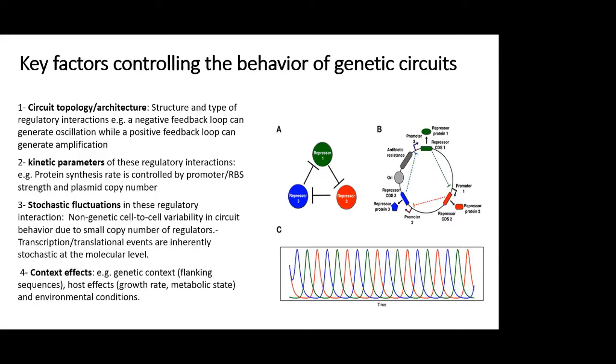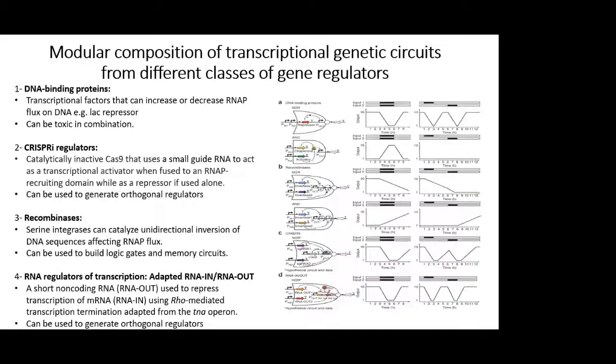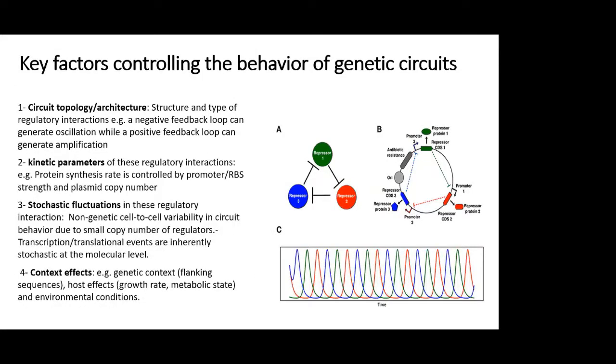In the cell, for example, negative feedback loops are usually used to generate oscillation, and positive feedback loops are also available in regulatory networks. So the first factor affecting the behavior of circuits is the circuit topology. The second factor is kinetic parameters, which is basically the sequence.